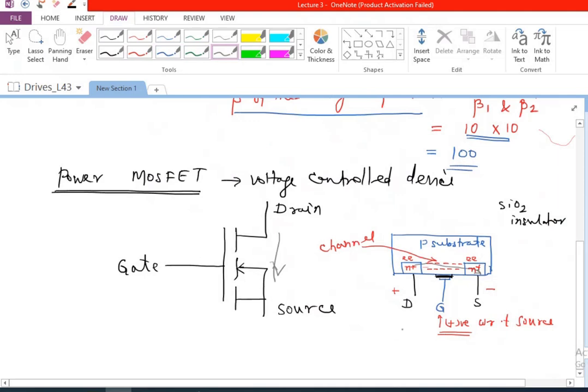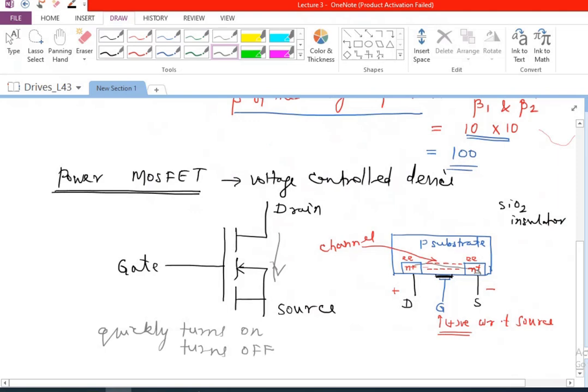So power MOSFET essentially gets into conduction right away if I apply a positive voltage in the gate with respect to source. So it can be turned on very quickly. And similarly, very quickly it turns off as well.